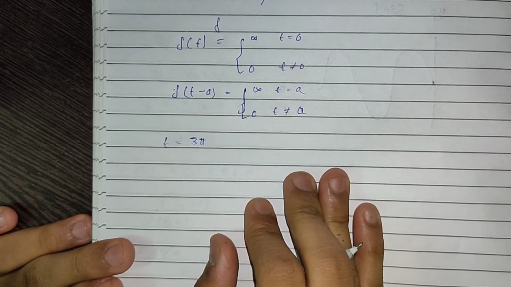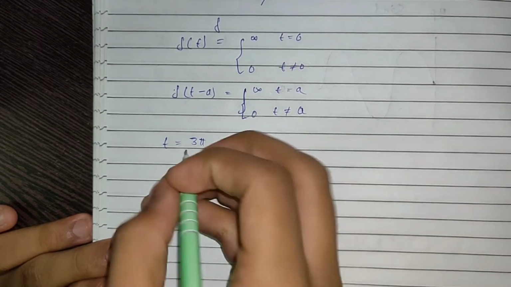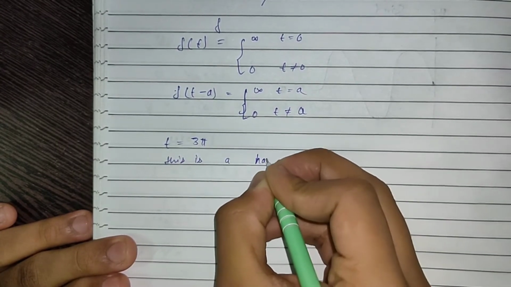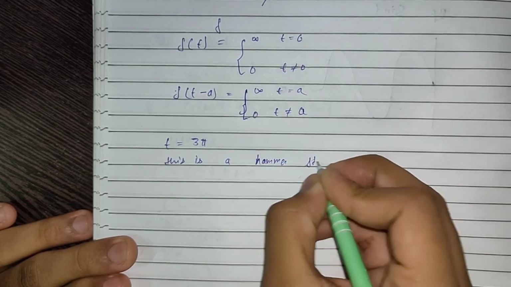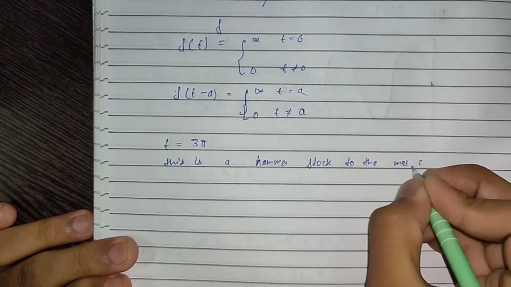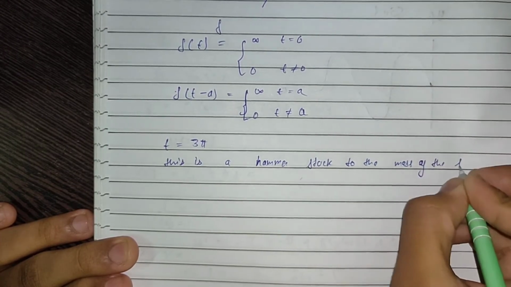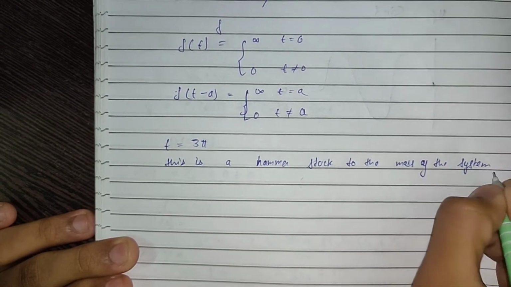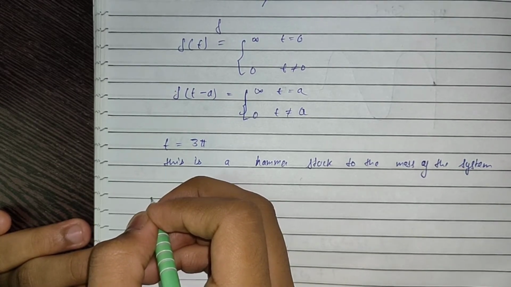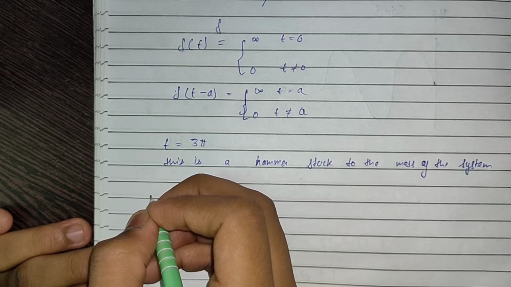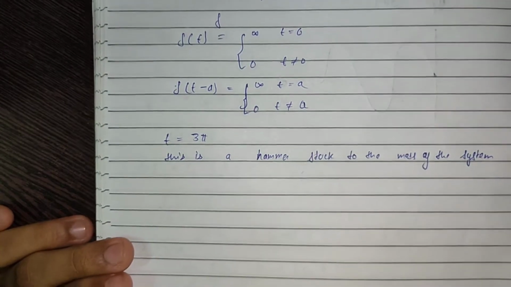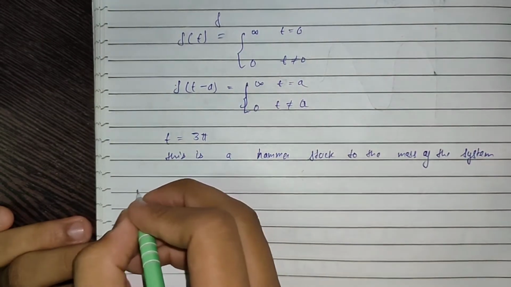We can say this is a hammer striking the mass of the system. So this is the real life phenomenon captured by this Dirac delta function. So now moving on to the B part.